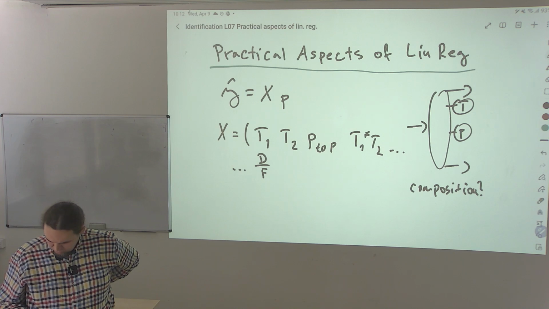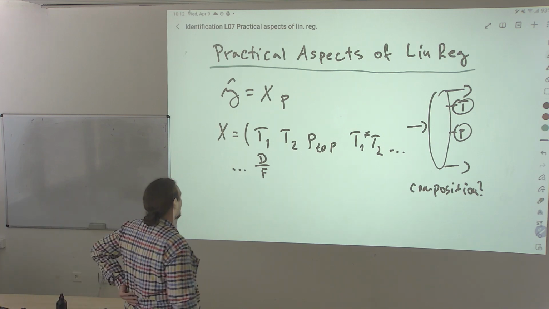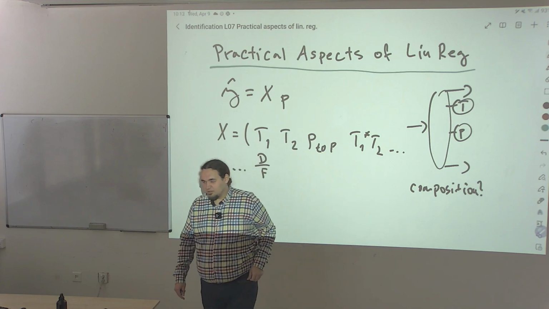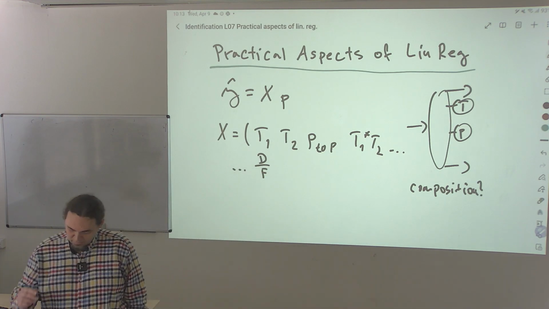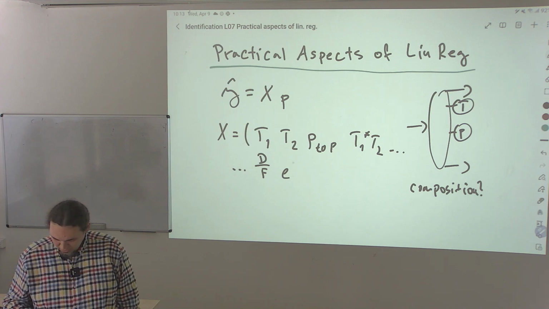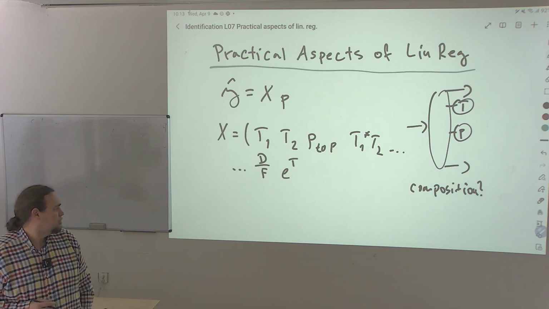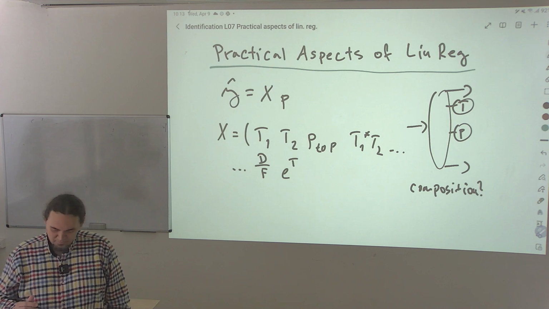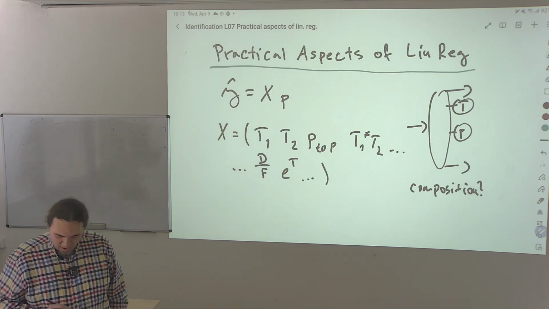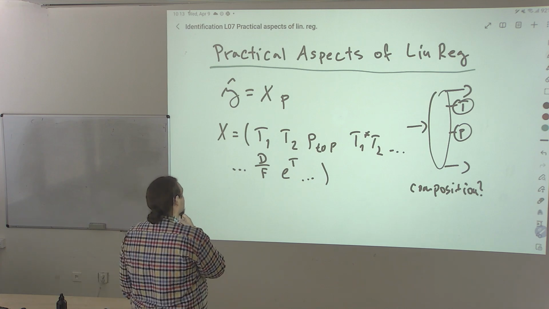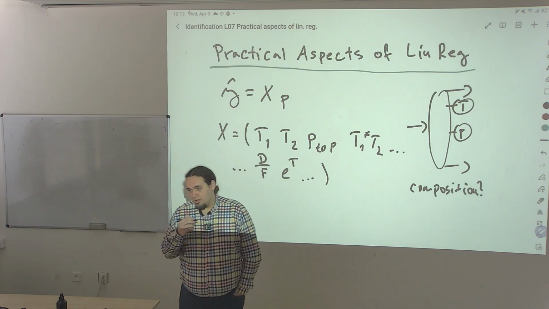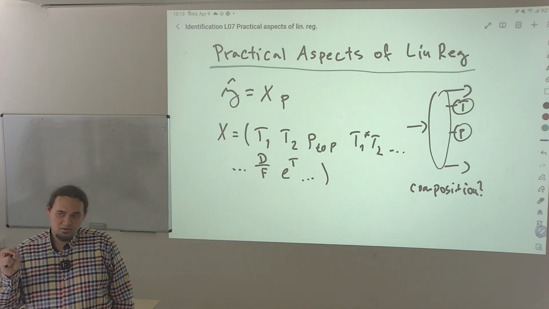And so there can be any type of nonlinear transformation of these data. Of course, any other things, e to the power of something, of some temperature. If you remember Arrhenius' law, that's quite common.